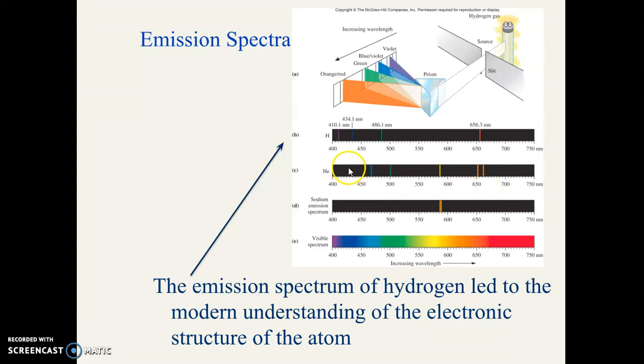So if the electrons moved in this distance, they would produce that color of light. If they moved this distance, if the wavelength that comes off corresponds to that, they'll produce that color of light. So each element produces its own line spectrum. This is how we can identify the elements that are present on stars, by taking starlight and passing it through a prism, and then you can tell what elements are present there.